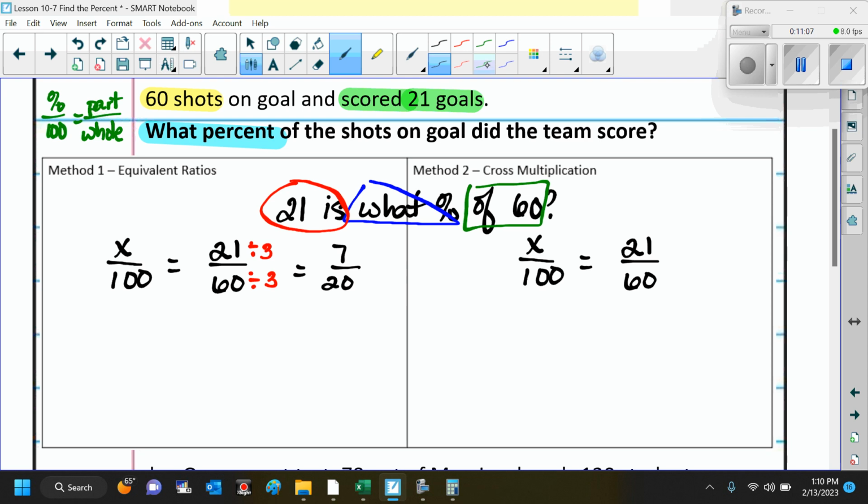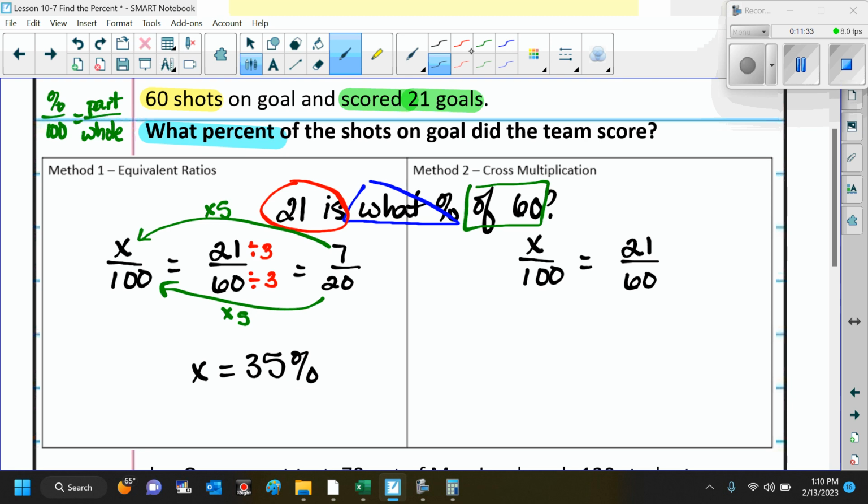Yes, I can use this. So 20 to 100, we're going to multiply times 5. So we're going to multiply times 5 in the numerator too. So that's going to give us x is equal to 7 times 5, which is 35 over 100, which is 35% of the shots.